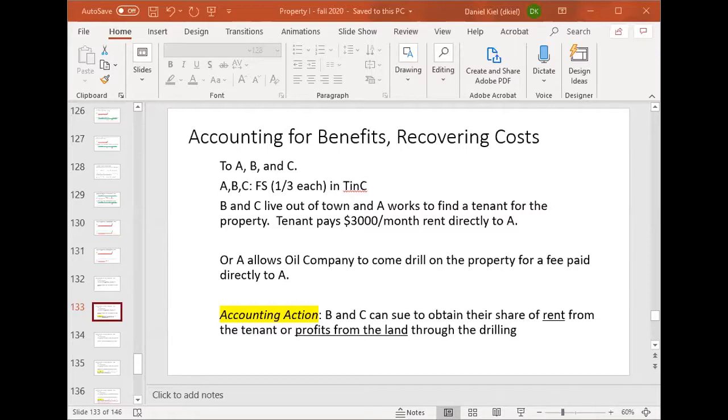Charles is asking in the chat, what about farming? So farming is a little bit of a special case in which we have to separate out the profits from the land, which would include, like if it's corn or wheat or something like that, the profits from the sale of corn or wheat from the labor costs. So in a farming situation, the profits would have to be calculated minus the labor.